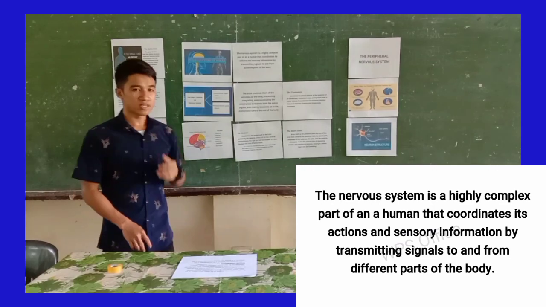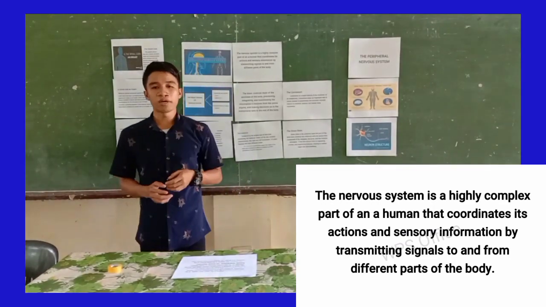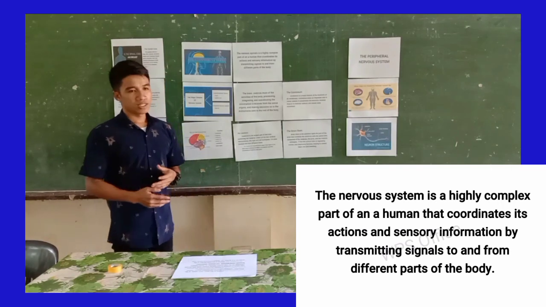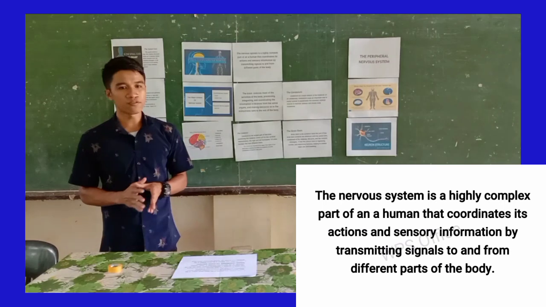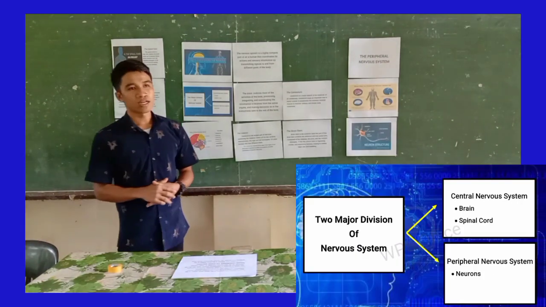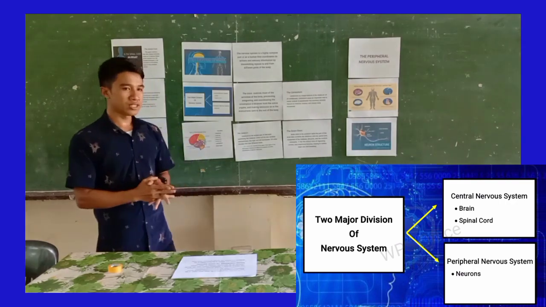The nervous system is the highly complex structure of the human body. It is specialized in the transmission and receiving of information, like stimulus from outside of the body. Then it stores it in the brain.